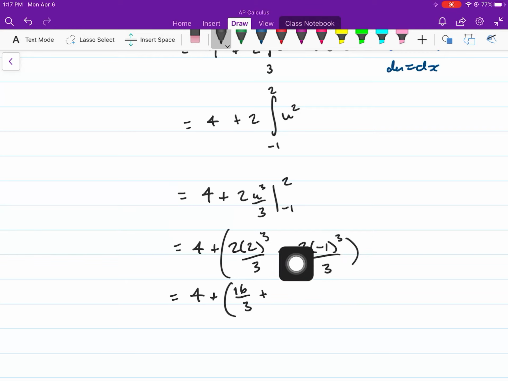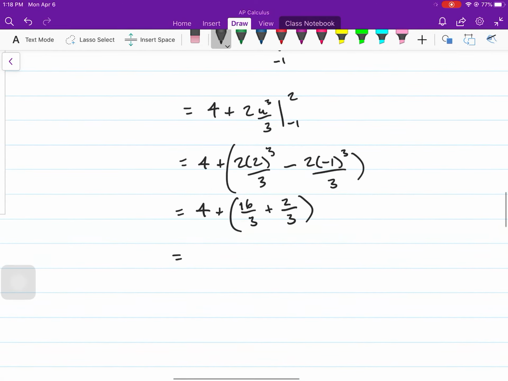The negative 1 cubed is negative 1 times negative 2 is positive 2 over 3. And then that's going to equal 4 plus 18 over 3, which 4 is 12 over 3, isn't it? So we might as well just get our common denominator. And 12 over 3 plus 18 over 3 is going to be 30 over 3. And all that work to get the answer of 10.